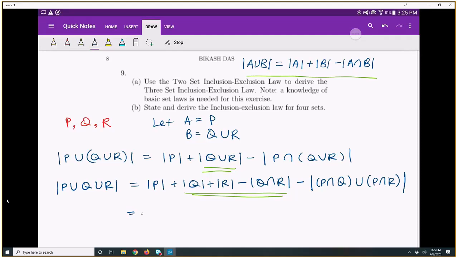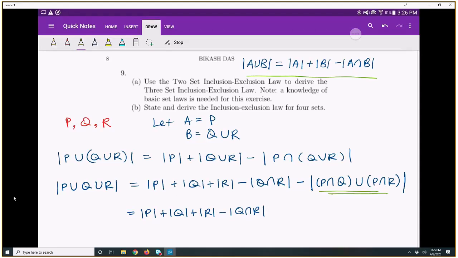So this is going to be the cardinality of P plus cardinality of Q plus cardinality of R minus the cardinality of Q intersection R. That all stays the same. Now I want to apply my inclusion-exclusion law for two sets again here to this set.